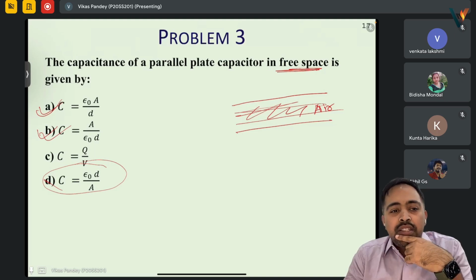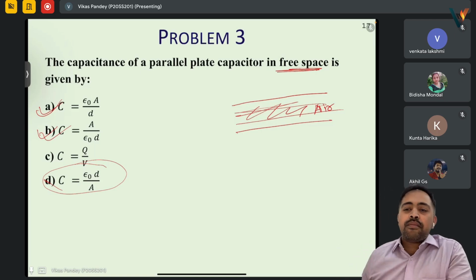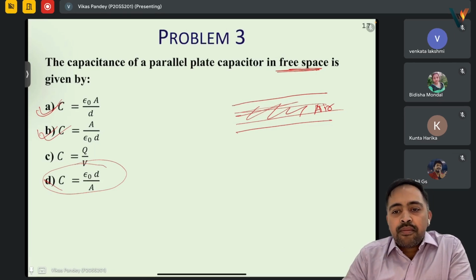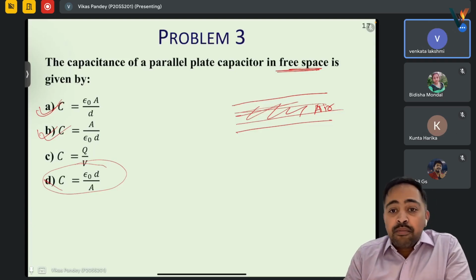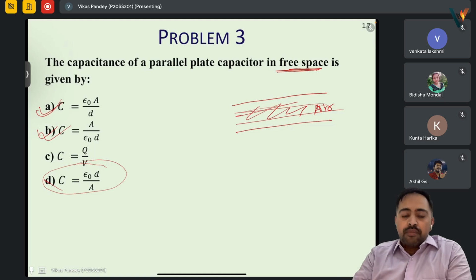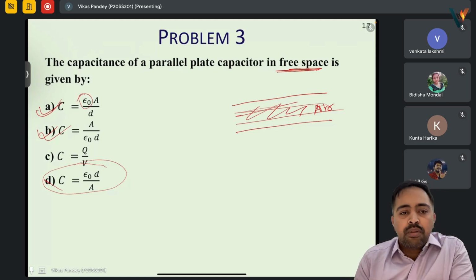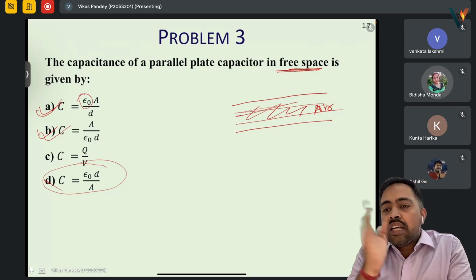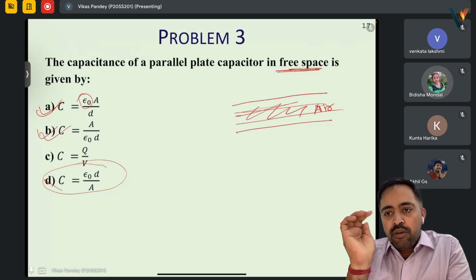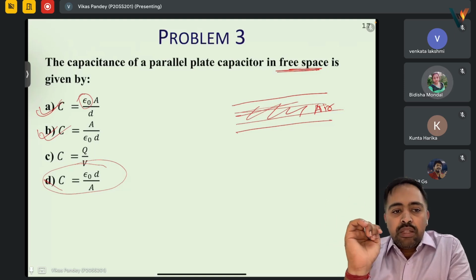Bidisha, why is it in the numerator, not in the denominator? Capacitance is proportional to permittivity, sir. Yes, so actually it is just a constant, but the constant is taken as linear. It has linear dependence. It is not inversely proportional.